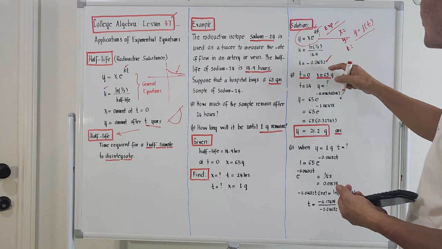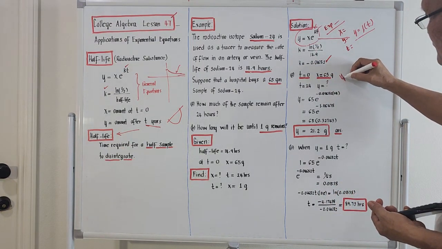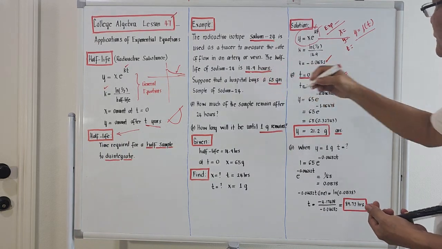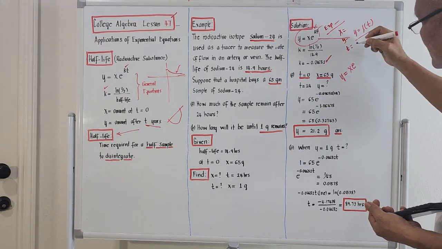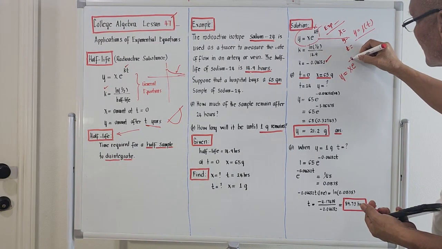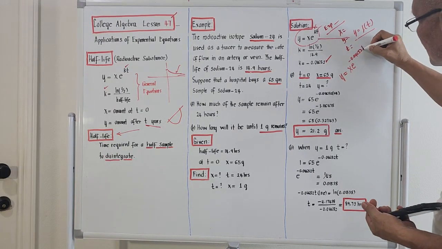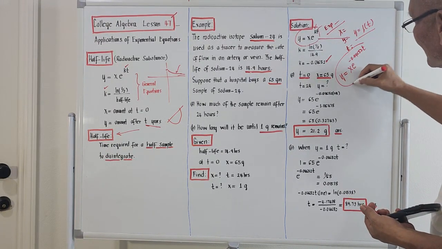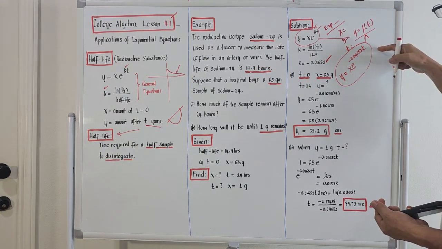What is the significance of this k? If we go back to the equation given by the book, it was x e raised to kt, and we have now solved the value of k, negative 0.04652, times time. So we are now given y as a function of time.